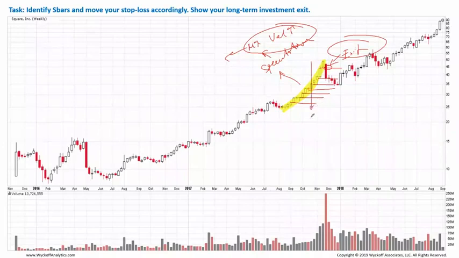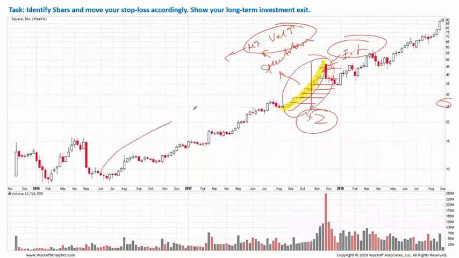So here we see 2x or plus 100% from $25 to $50, and we just basically want to follow each week and just move the stop as a staircase, because we recognize this is concluding the whole uptrend move.